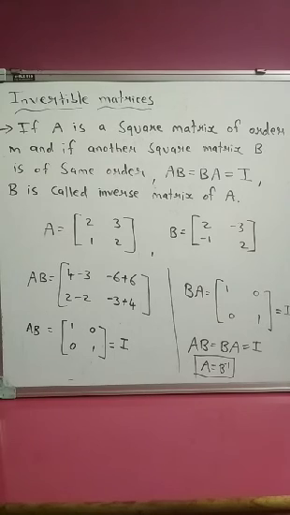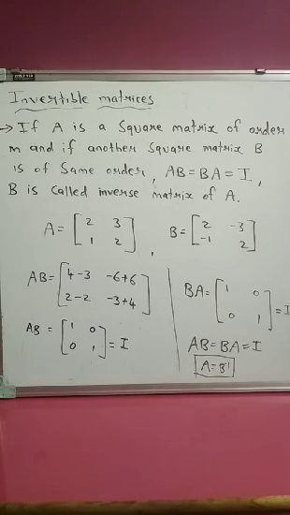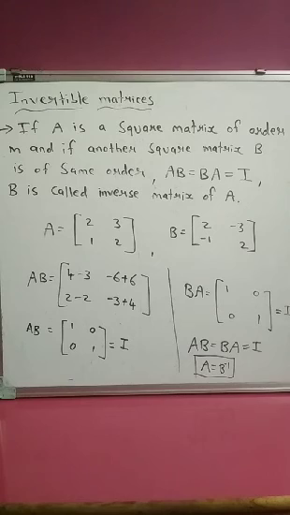I hope whatever we have covered today is clear to you. Right now you are going to complete the remaining sums of the previous exercise, and today you are going to revise both the topics we have covered, invertible matrices and elementary operations.